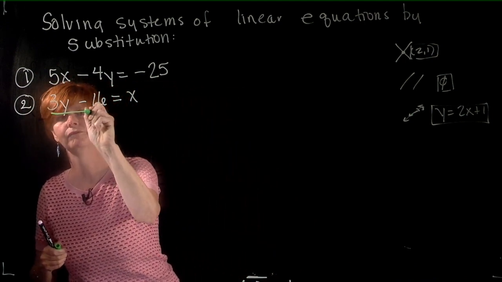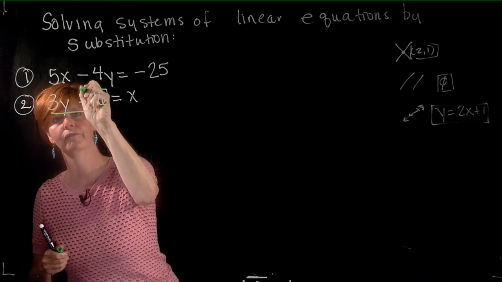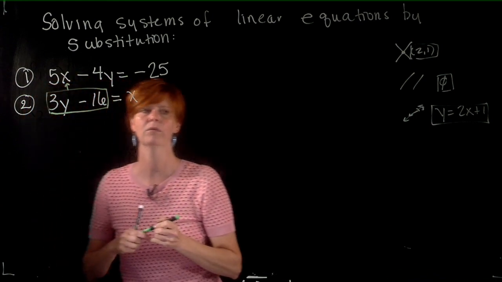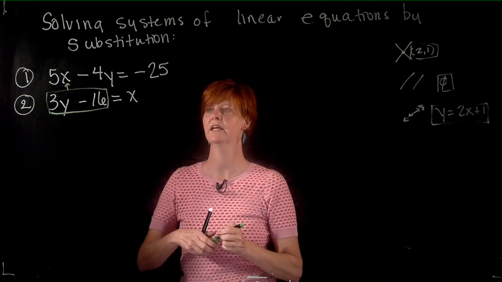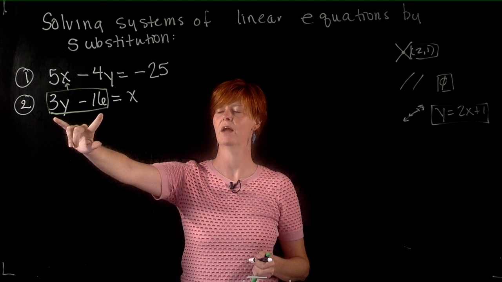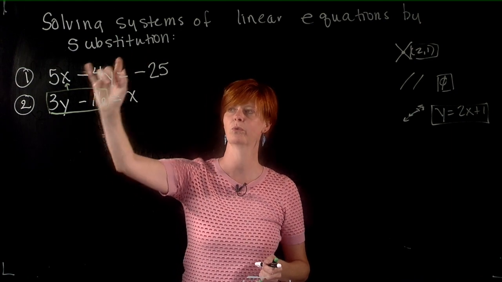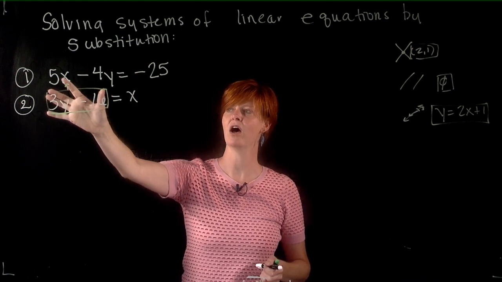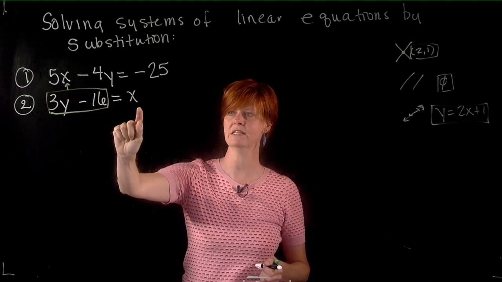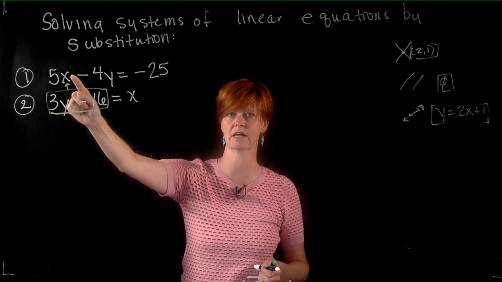Now, what I've done is I boxed in the left-hand side of equation number 2. And we're going to substitute or replace the x in equation 1 with this stuff. Because this x is equal to this, which is equal to this. Right?